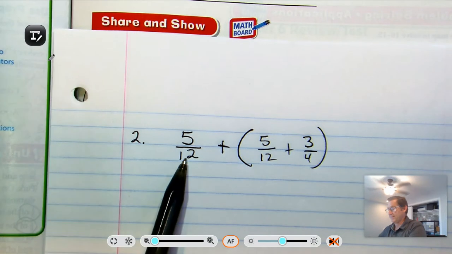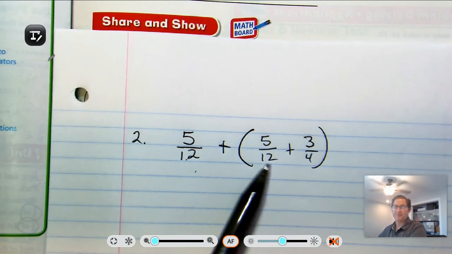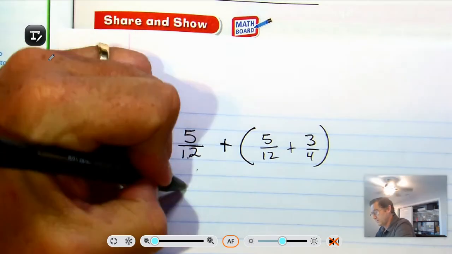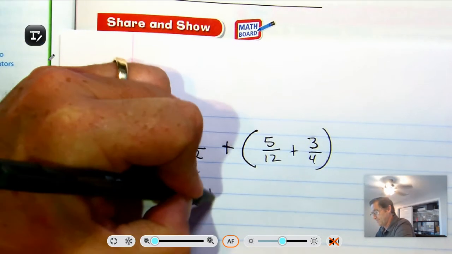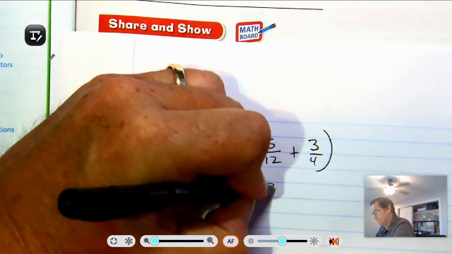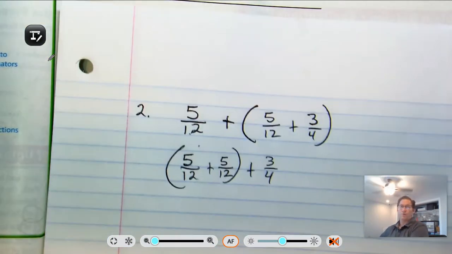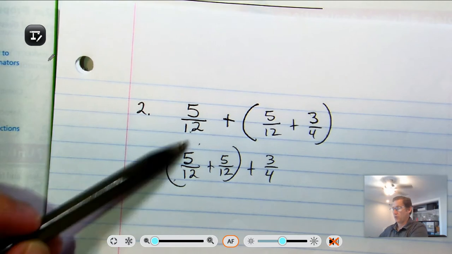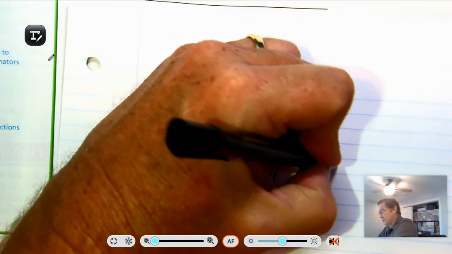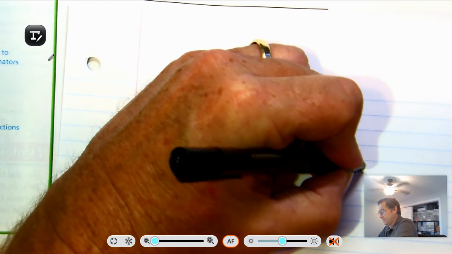Well, gee, wouldn't it be nice to add the twelfths together instead of twelfths and the fourths to start? So let's regroup that. Okay, what property is this showing? All I did was switch the grouping symbols, right? So that's the associative property of addition.